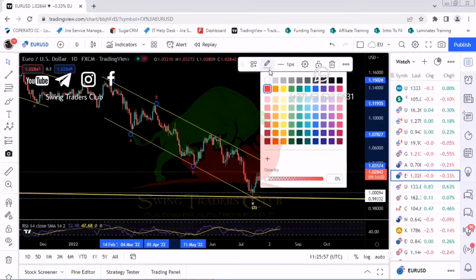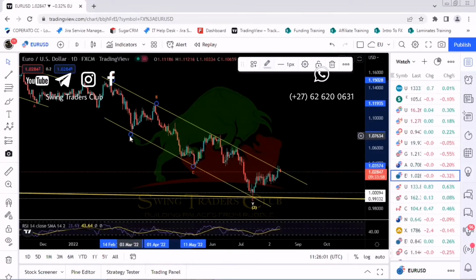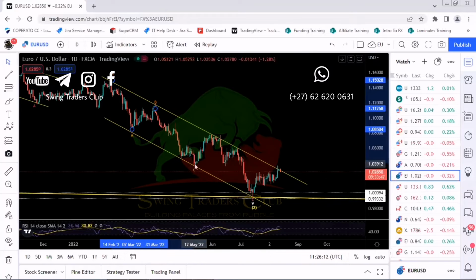Okay, so let me change this color to orange because these are inner ones, right? So we've got this, and I just like changing colors. I don't like to use a lot of different colors, but I just use different colors so that I can know, okay, what does this one mean and this one, what does it mean?